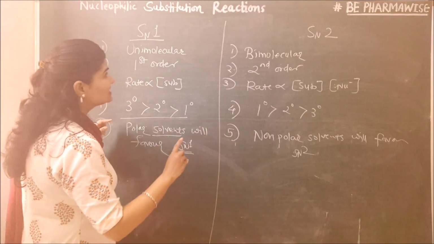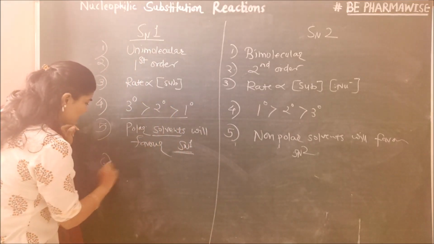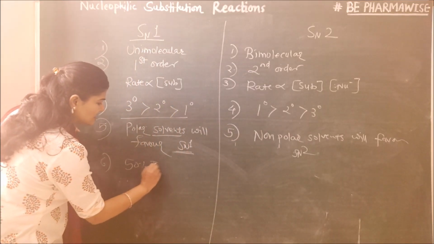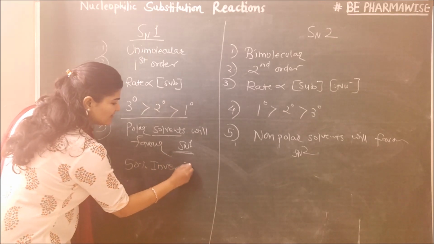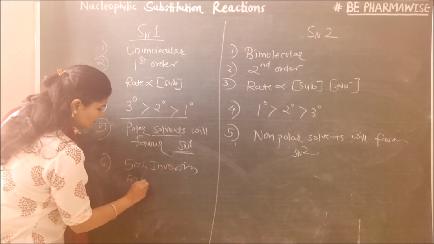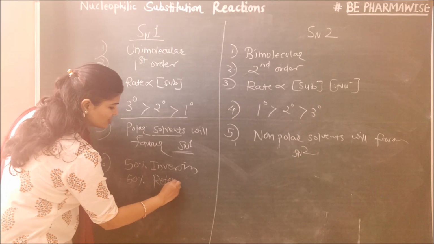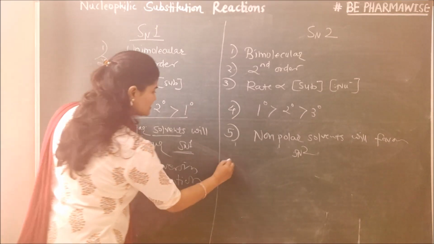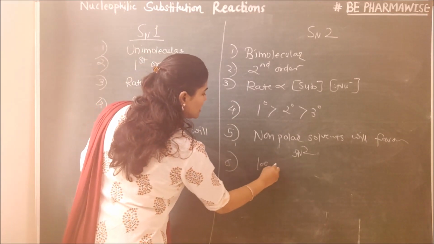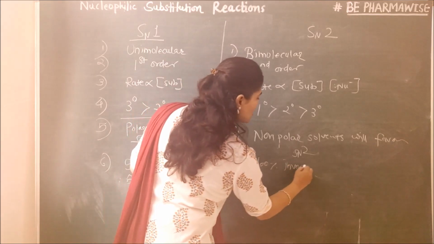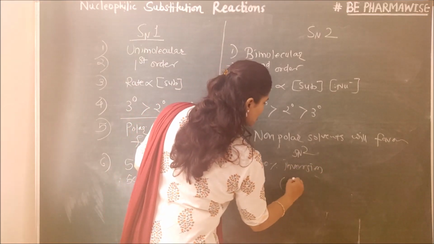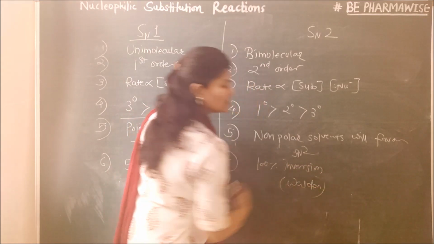And one more point we can write, in SN1 there is 50% inversion and 50% retention of configuration. But under SN2 there will be 100% inversion of configuration, also called as Walden inversion.